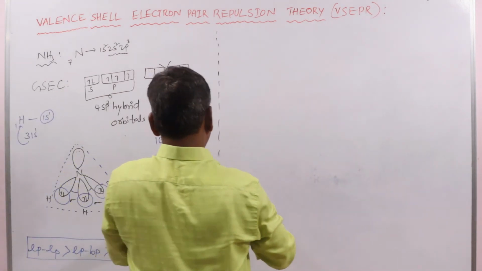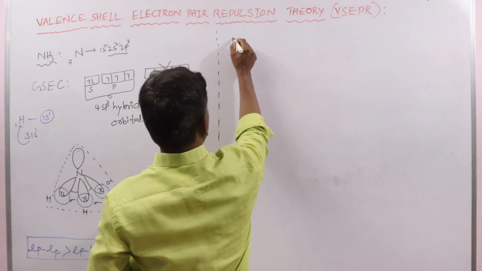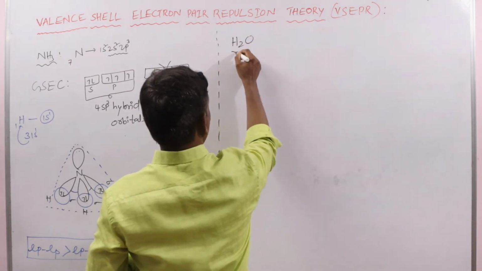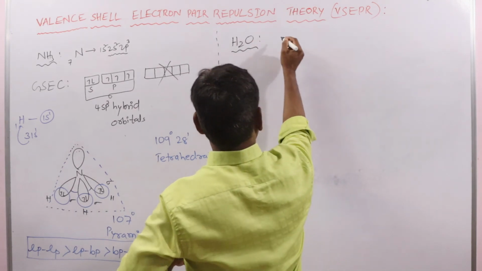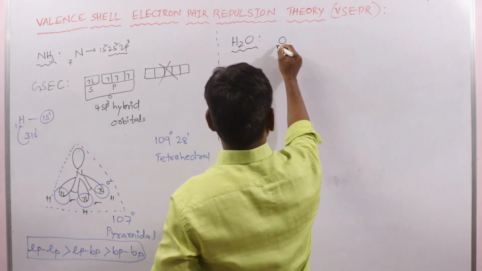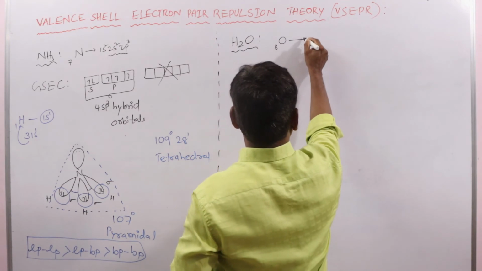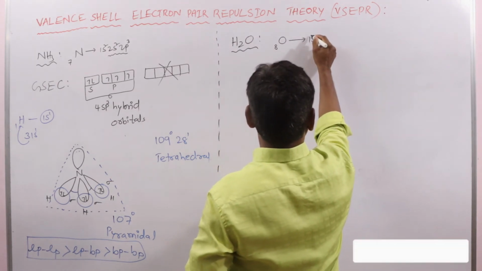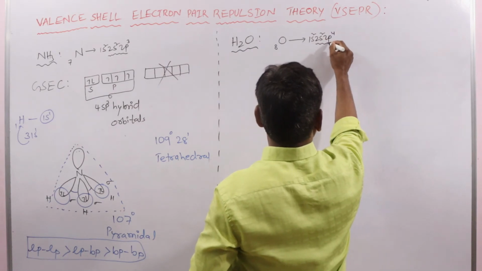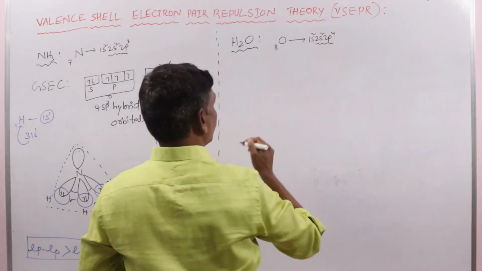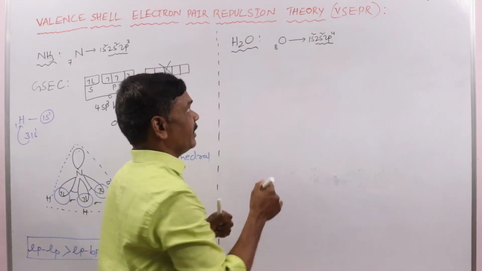Now the second example is the water molecule. In this water molecule, oxygen is the central atom, with atomic number 8 and electronic configuration 1s2, 2s2, 2p4. 2s2, 2p4 is the valence shell electronic configuration.